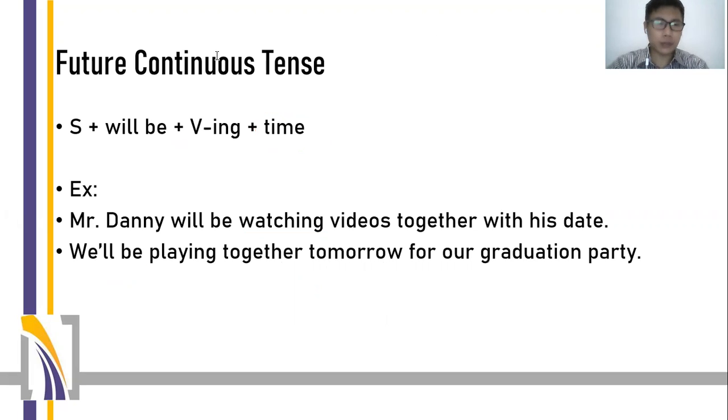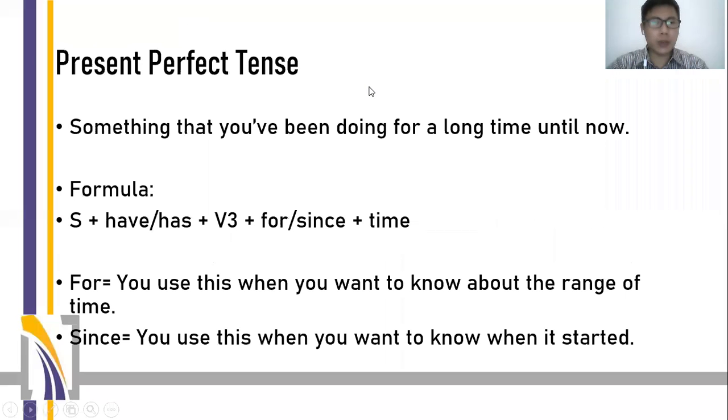Now, let's move on to the perfect tense, which is the present perfect tense. This is what is in your book. Although I want to explore more for the perfect tense, going to the past perfect tense and then to the future perfect tense.